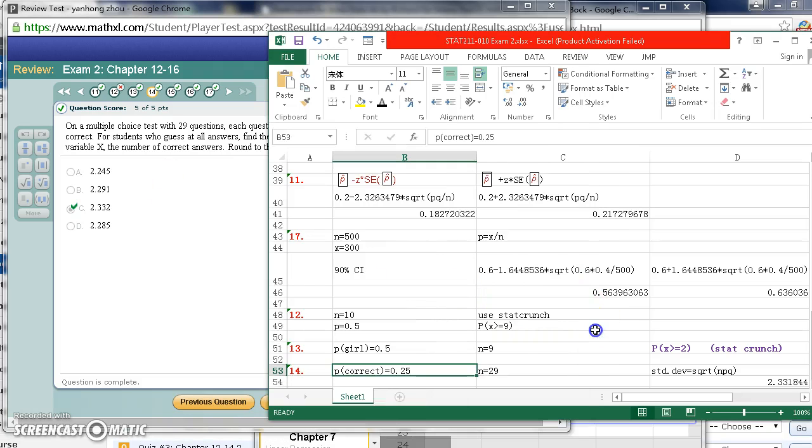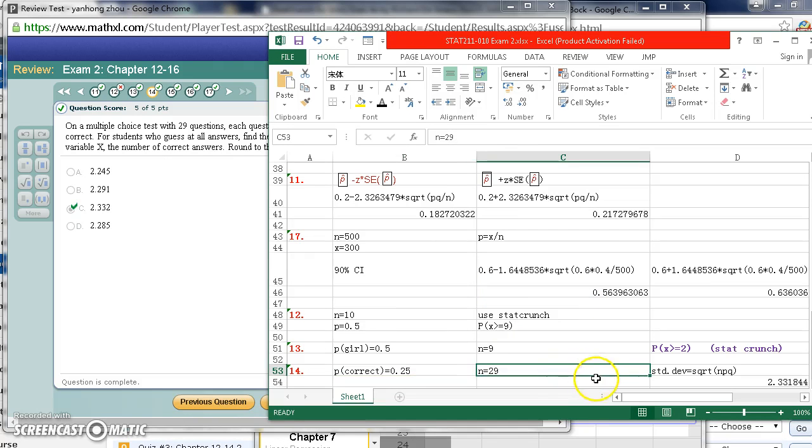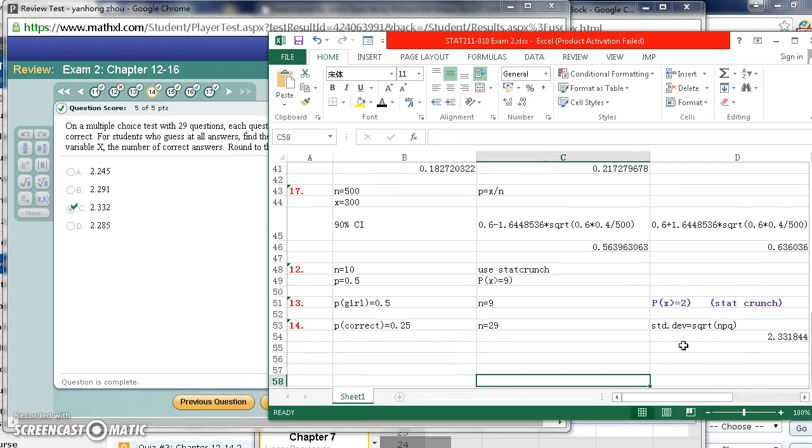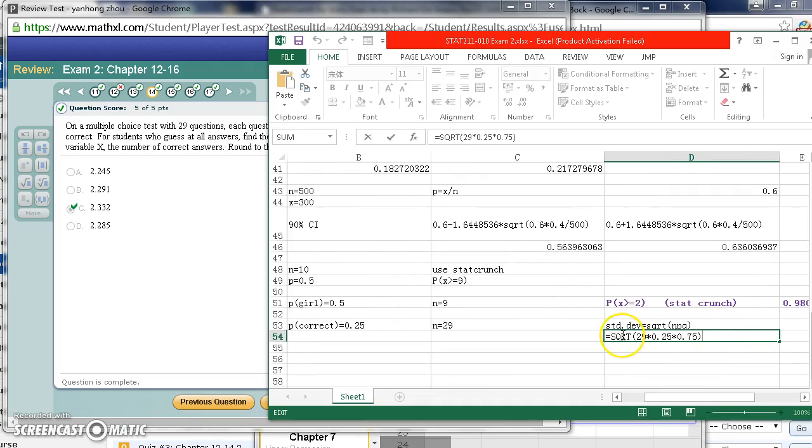For the binomial model, the standard deviation is square root of npq. So I'm taking the square root, and n is 29, p is 0.25, q will be 0.75. Just hit, I get this number 2.33. You have to round to 3 decimals, 2.332.